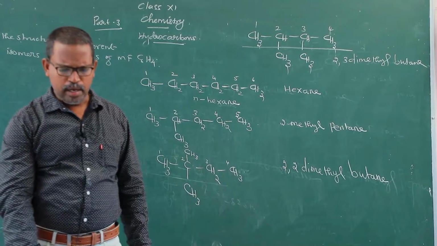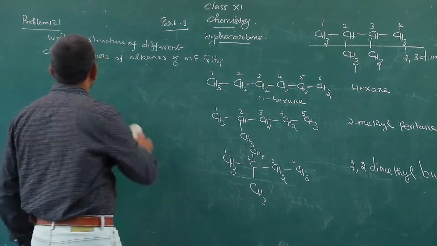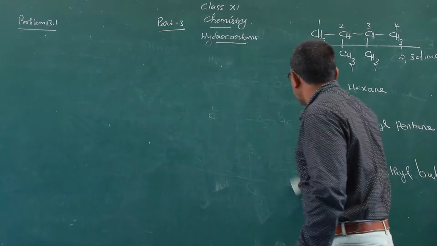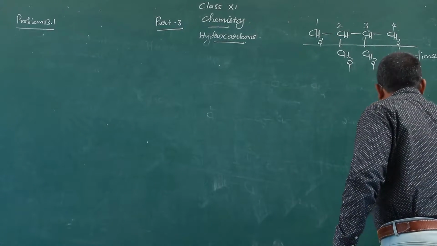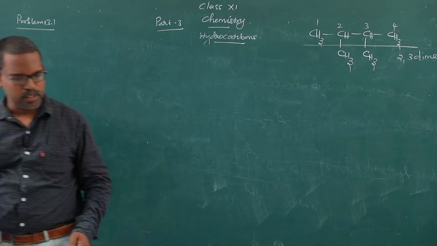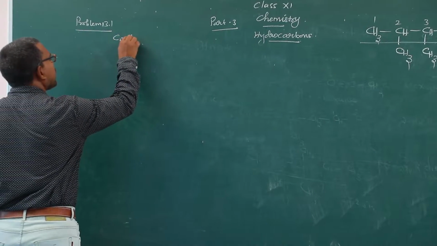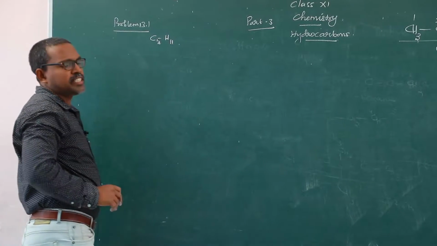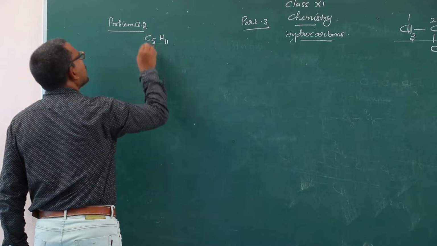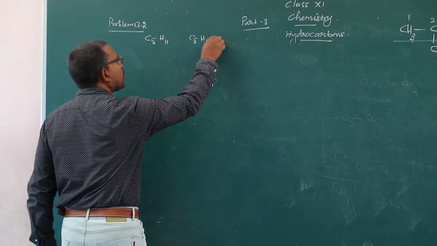The next is problem 13.2. In this problem, we are going to discuss the common and IUPAC names of the hydrocarbon groups associated with the formula C5H11. The molecular formula for pentane is C5H12.